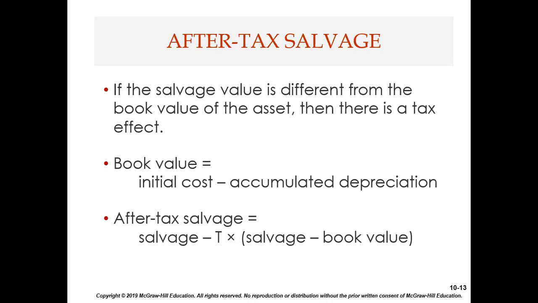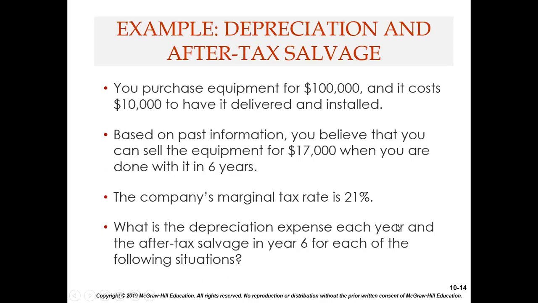So how much will we really have in salvage value at the end? Well, we'll get the 2,000, but we're going to have to pay tax on that. So subtract the tax, and that's what we call after-tax salvage. So that's the overview. Let's take a look at some examples here so you can see it in action.